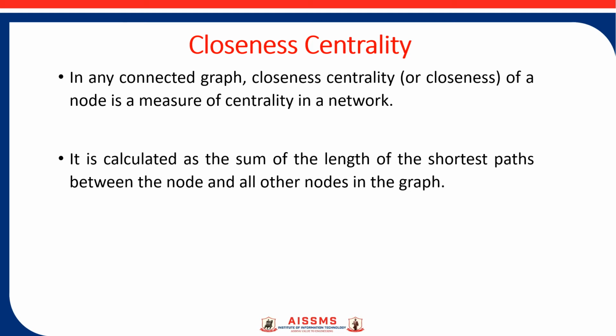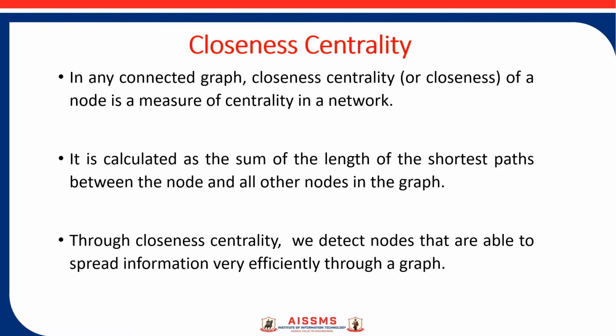It is based on shortest path theory, and by using it we can easily find the central node, which plays a very significant role while propagating information in the network. Through closeness centrality, we detect the nodes that are able to spread information very effectively within a network.